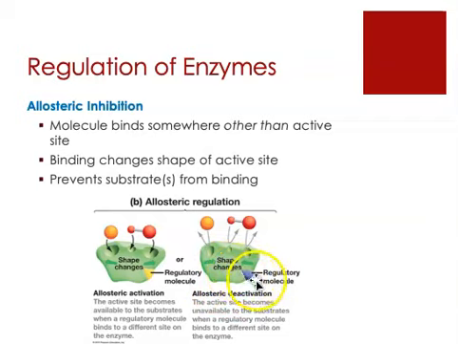And when it changes shape, it will alter the shape of the active site, even though that's at another location on the enzyme. Remember, any time that you stick a molecule onto a protein, it doesn't matter if it's a big molecule or a little molecule, you're going to cause that protein to change shape.